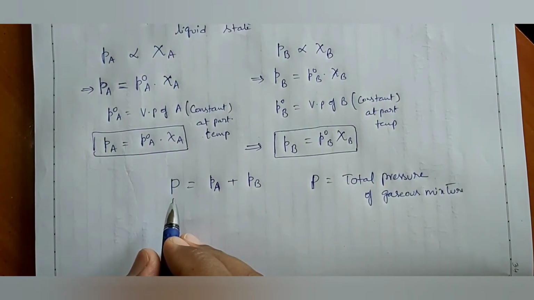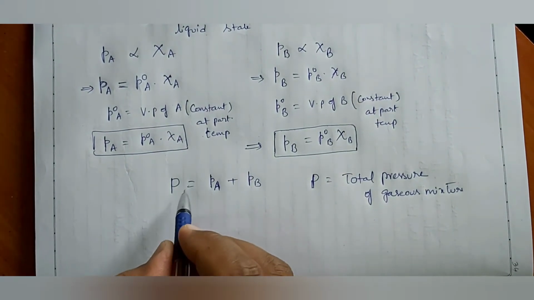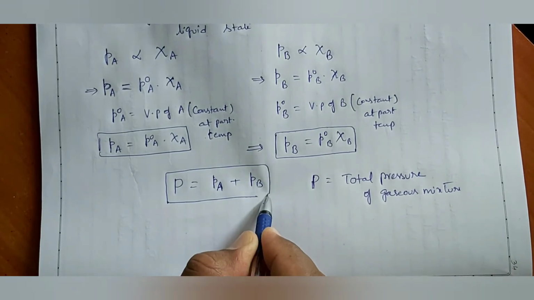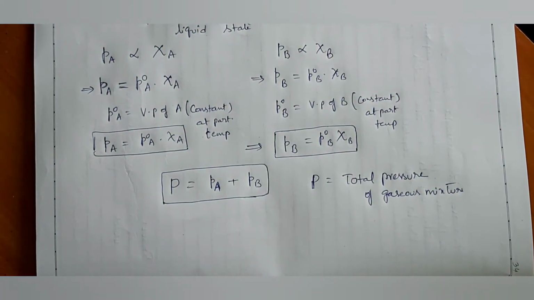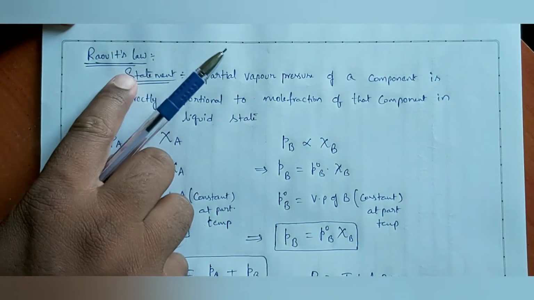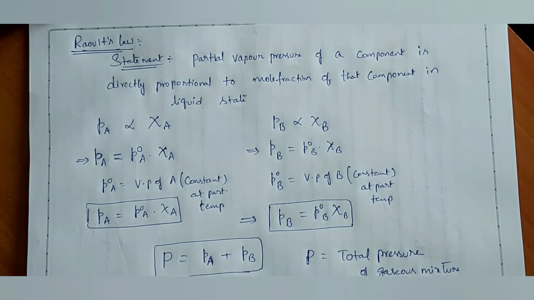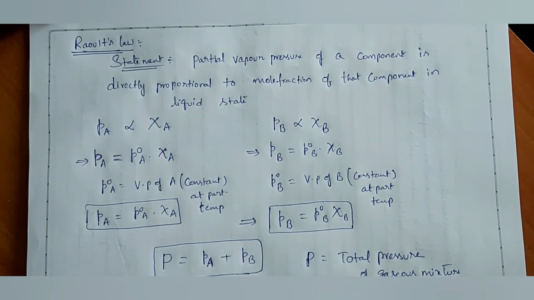If a solution is showing capital P equal to Pa plus Pb, then that solution is following Raoult's law.